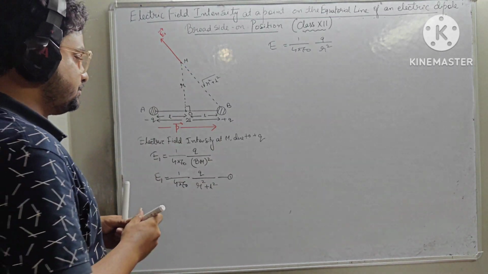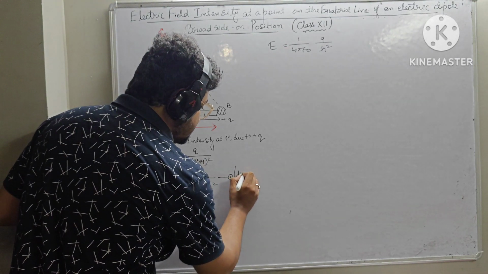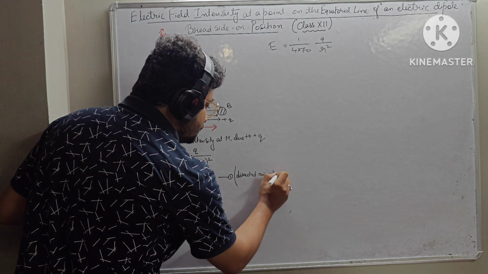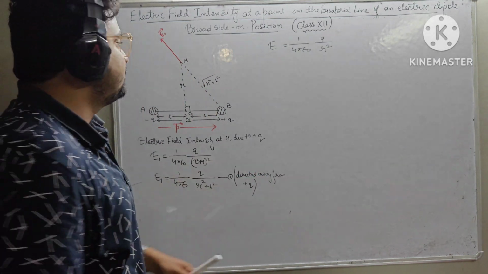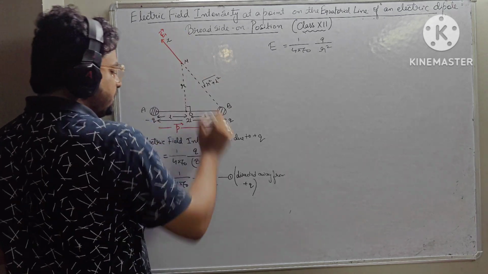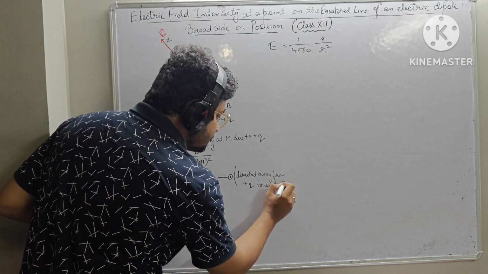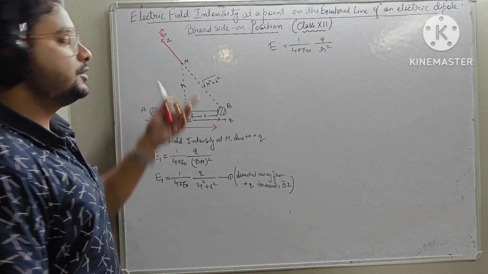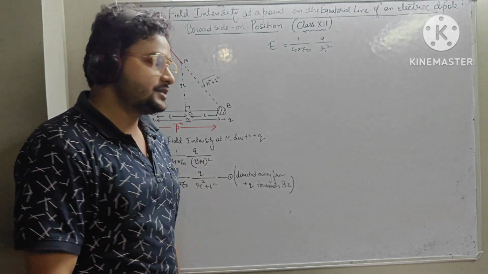So here I am writing, directed away, and you can give one name over here, suppose B, Z. Towards BZ, or MZ also you can say, no problem. So this is your electric field intensity at M due to plus q.